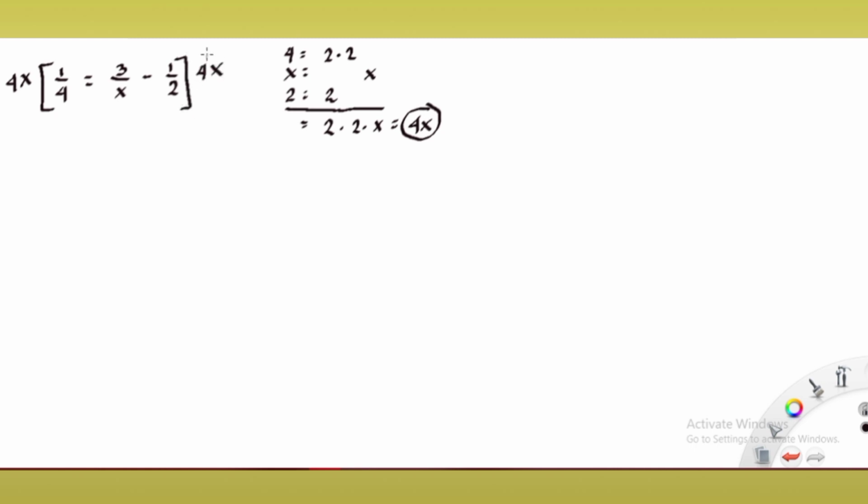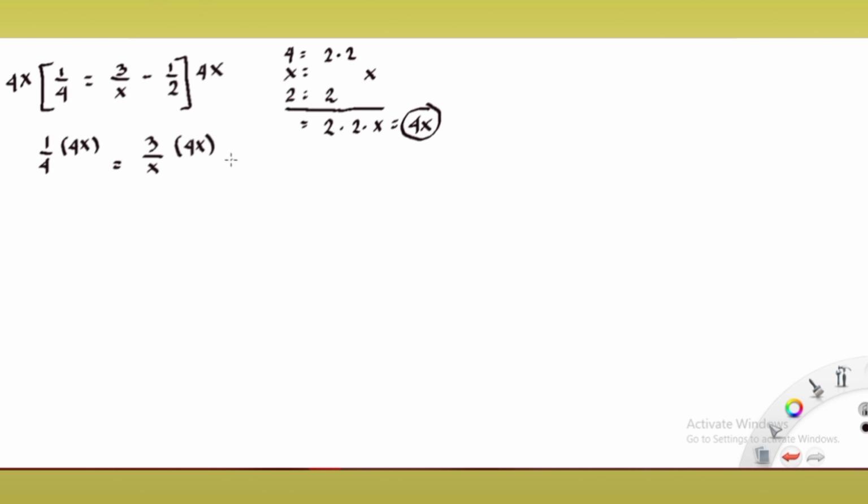So, pwede rin katulad ng ginawa natin kanina, mano-mano. Kung gusto ninyo, para hindi kayo malito, or sa iba, dire-diretso na dire-diretso na nilang imumultiply. Pero sige, ipakita natin ulit. Again, the first term is 1/4. Imumultiply sa LCD, which is 4x. So, 1/4 times 4x equals, okay, we have 3 over x times 4x.